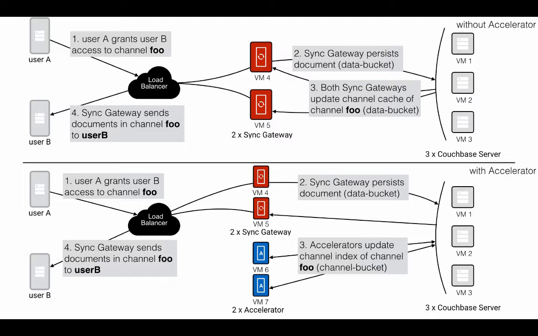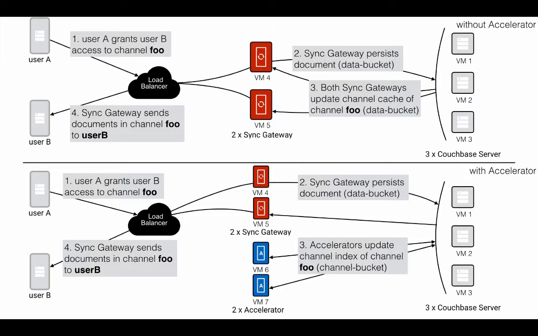Looking further at this simplified version, we can see the difference between SyncGateway running by itself and SyncGateway with SyncGateway Accelerator added. With SyncGateway Accelerator added, effectively what happens is you can have a cluster of SyncGateway Accelerator nodes that are listening to changes in the server, updating the channel index, writing that to a separate bucket in the Couchbase server cluster.